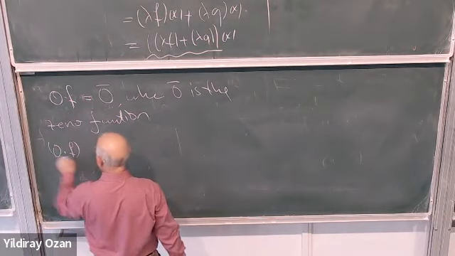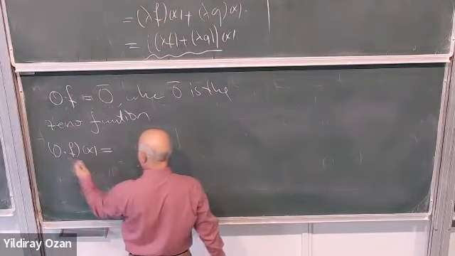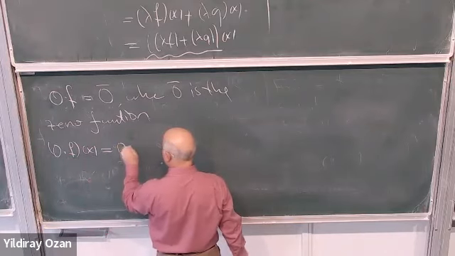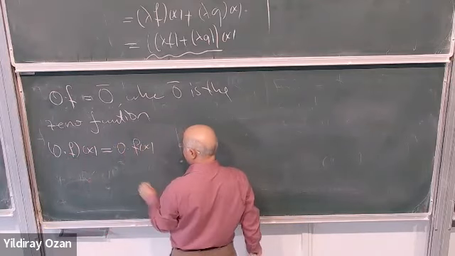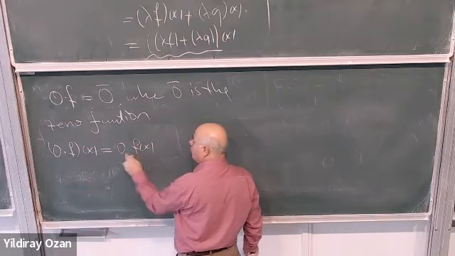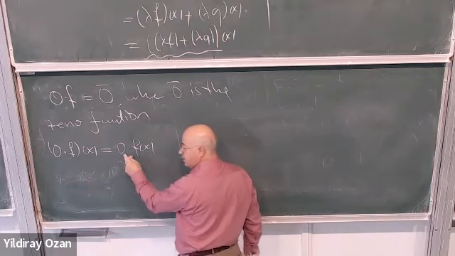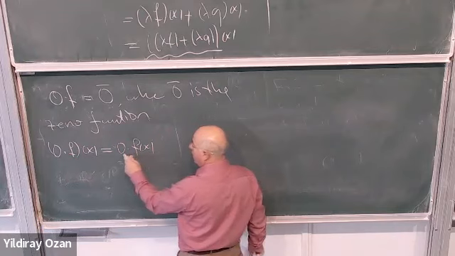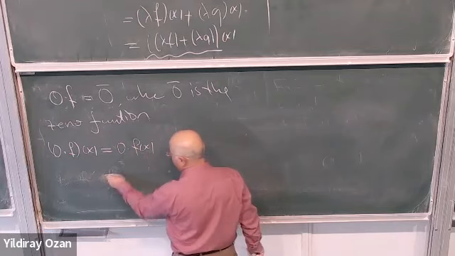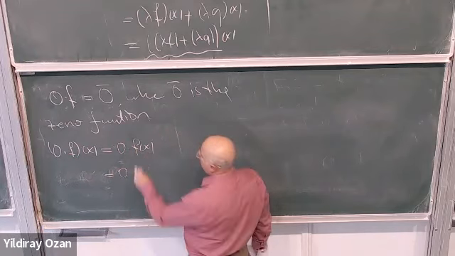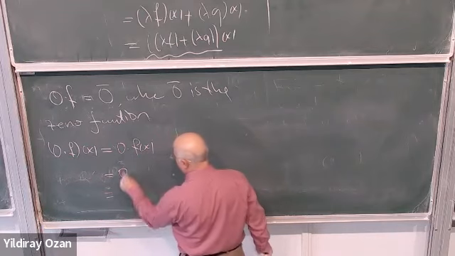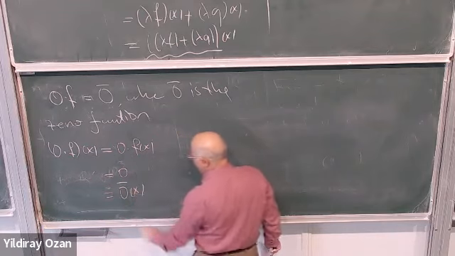Now 0 times f at any point x. Now what is this? This is by definition just 0 times f of x. This is the product of real numbers. This is a real number, this is a real number. Well, 0 times any real number is just 0. But we know that this is nothing but the value of this function, right?